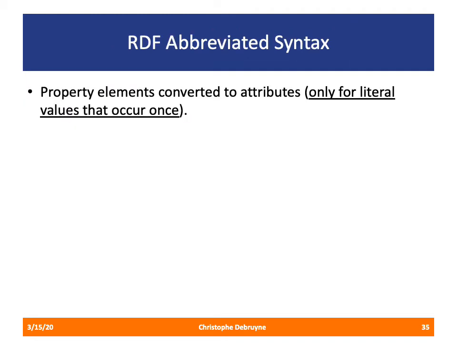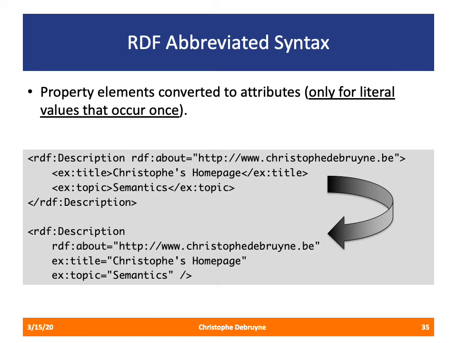So RDF XML can be quite verbose. That's why the specification provides you ways to reduce the overhead with syntactic sugar. So property elements, for instance, can be converted into attributes, provided that they only occur once for a particular description and their values are literals, no resources.